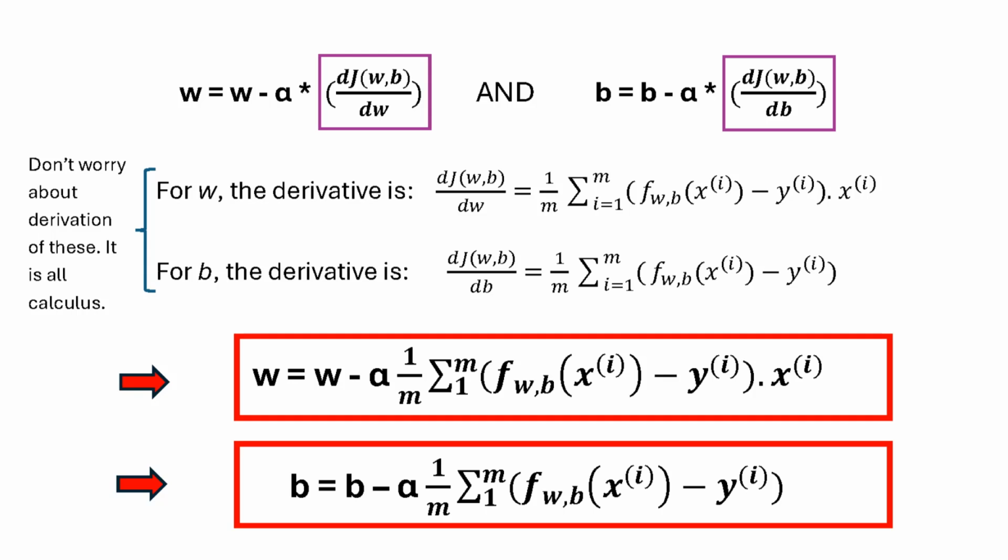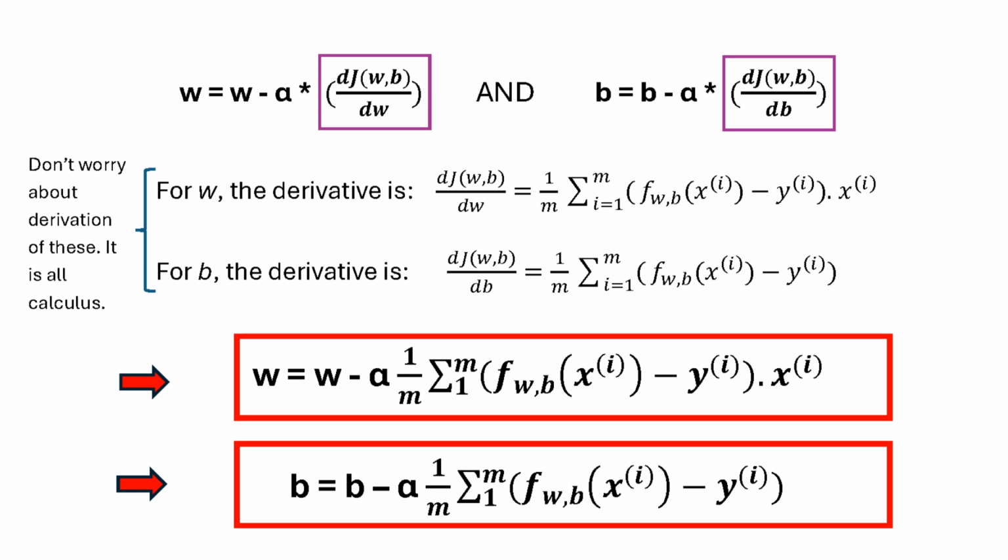This tells us how far off we are. Then we multiply that by the input value xi. This tells us how much that input is pushing the error. We do this for all training examples, add them up, and then divide by m, the total number of examples, to get the average effect.